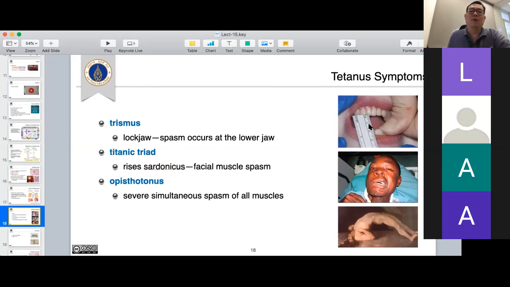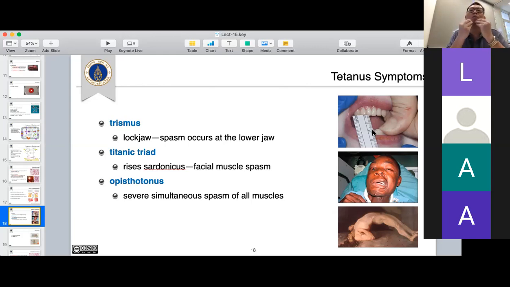Okay, so the doctor can measure the length of teeth opening. This particularly happens because in your face you have a big muscle that pulls your lower jaw up and down. The toxin acts on that muscle to make the muscle spasm. So the muscle spasms and pulls your lower jaw up. You cannot open the mouth.